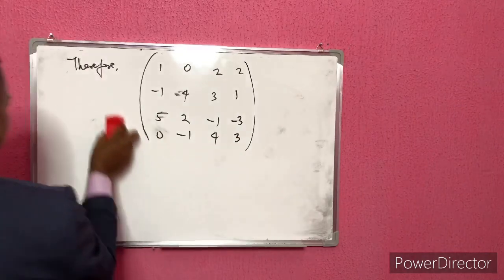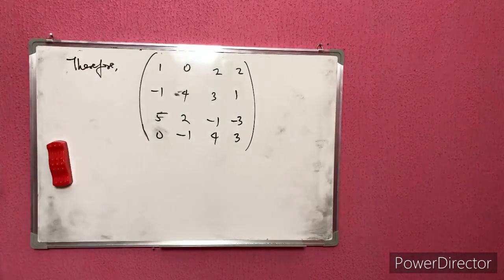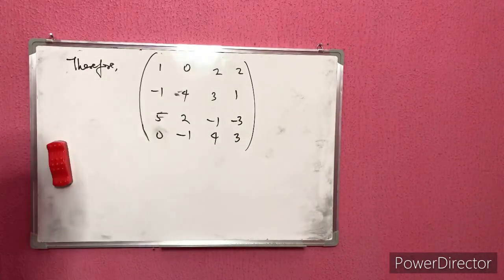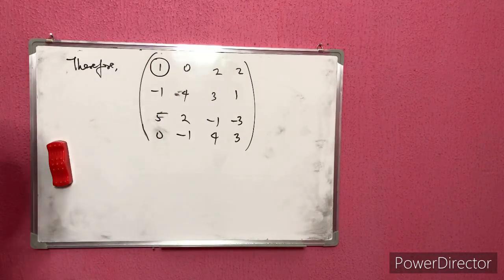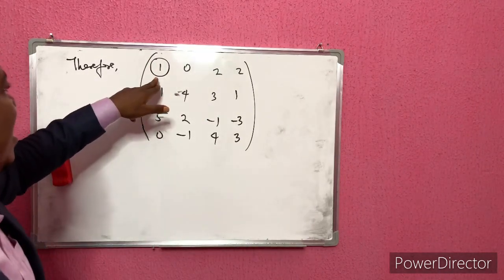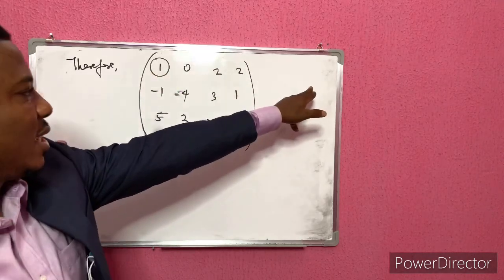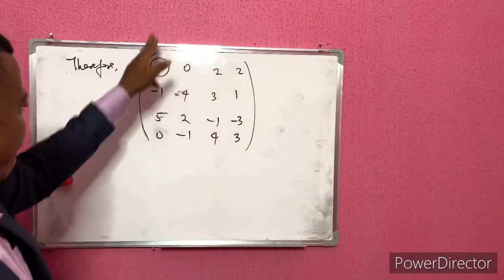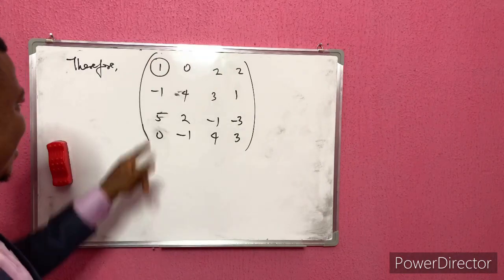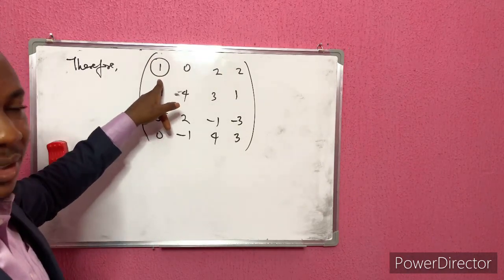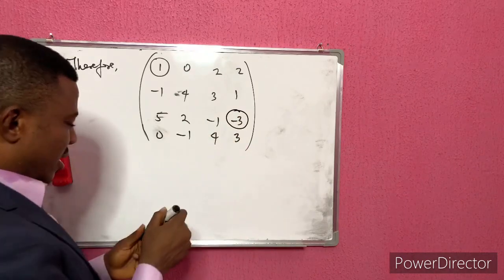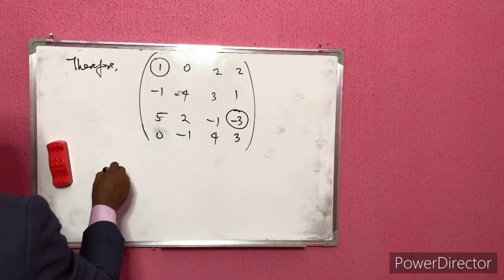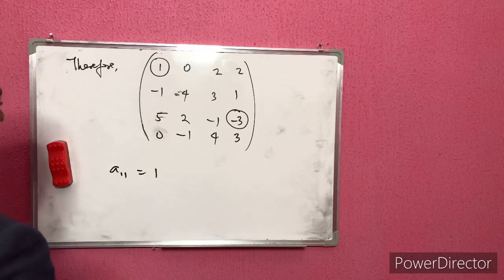Look at this matrix on the board. You see, this particular one, this is in first row, first column. That is A11. This particular one, that means that A11 is 1.